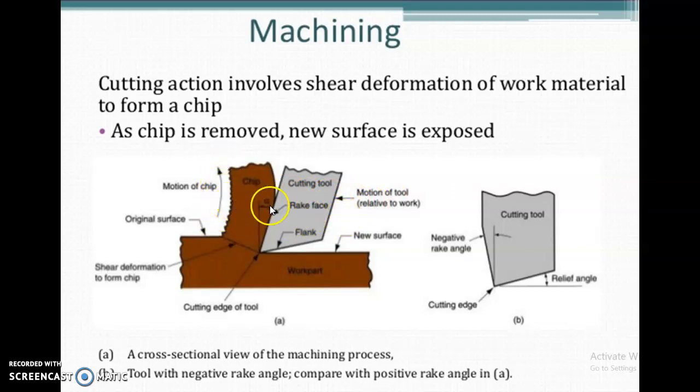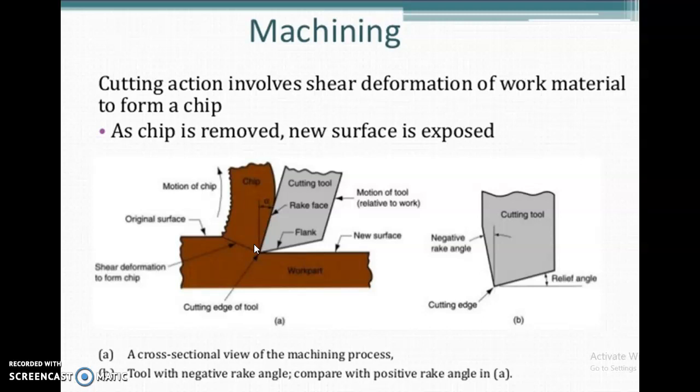So what is a chip? A chip is nothing but the excess material removed from the workpiece. Why are you going to remove the excess material? To get the required shape. So the excess material is removed in the form of a chip. While performing a turning operation, you would have noticed a chip being removed.